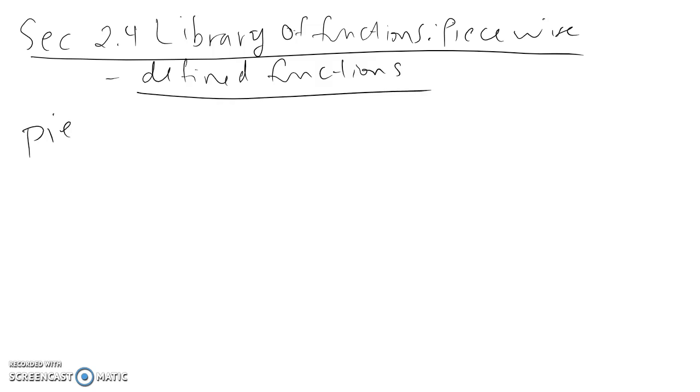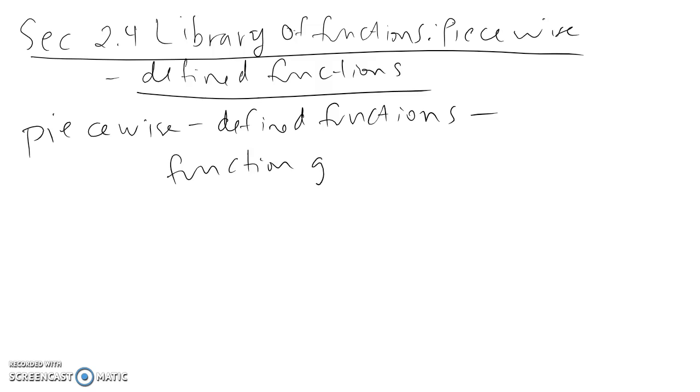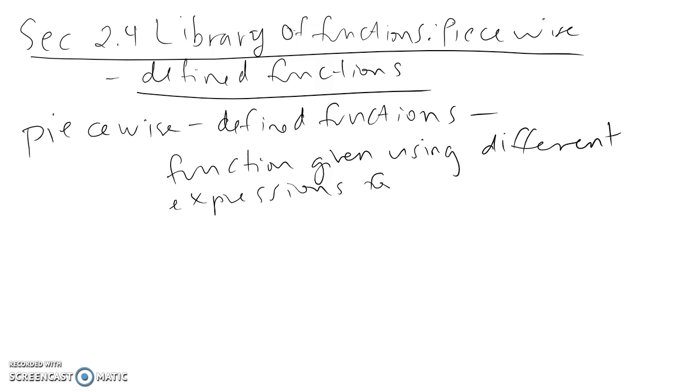We're going to start actually with the second thing in this section, which is piecewise-defined functions. A piecewise-defined function is a function given using different expressions for different parts of its domain.